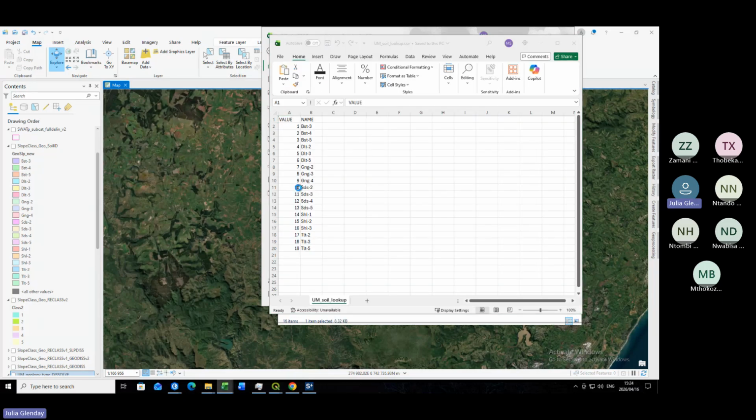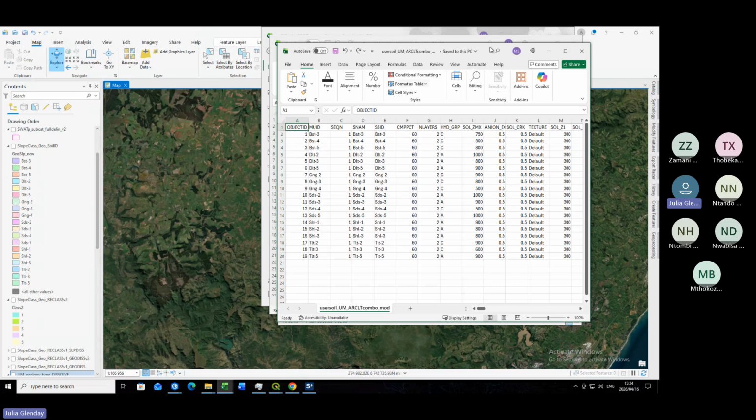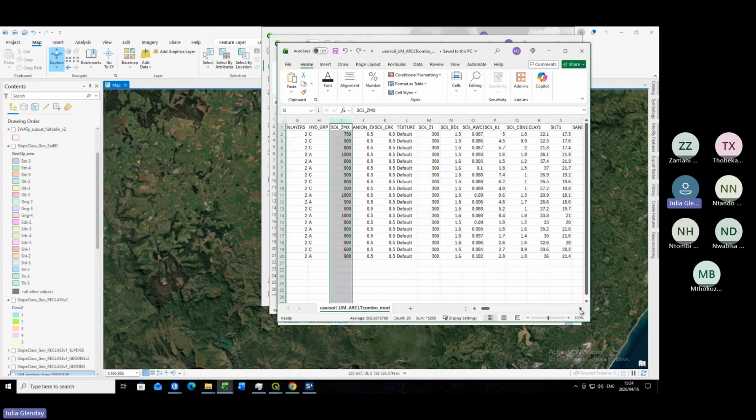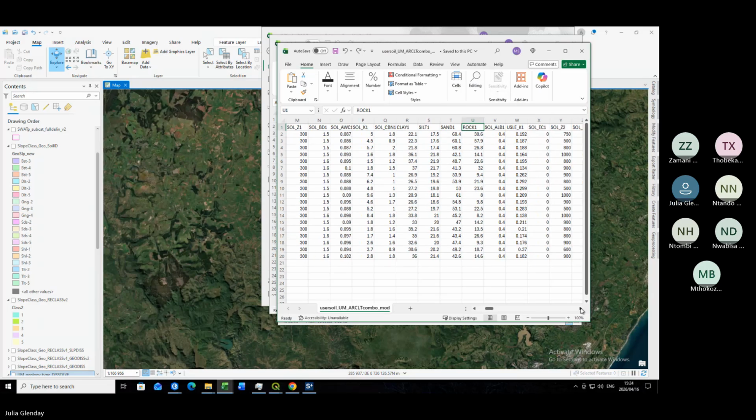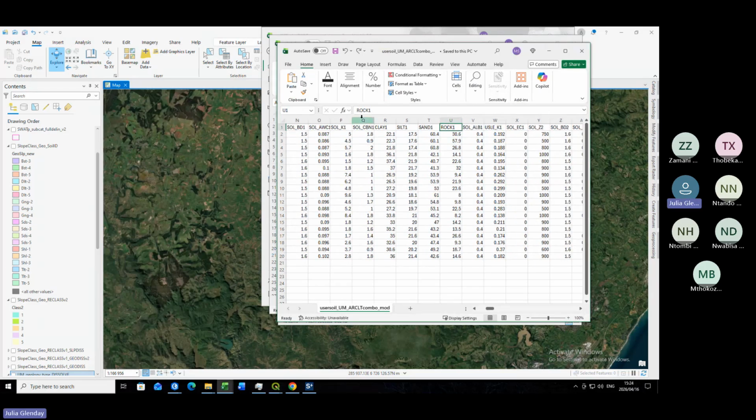So the soils database will have the maximum depth of the soil, and then by layer, it has bulk density, water holding capacity, conductivity, carbon, clay, silt, sand, rock, and then erodibility factor.